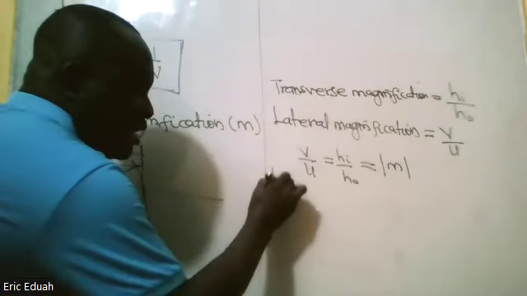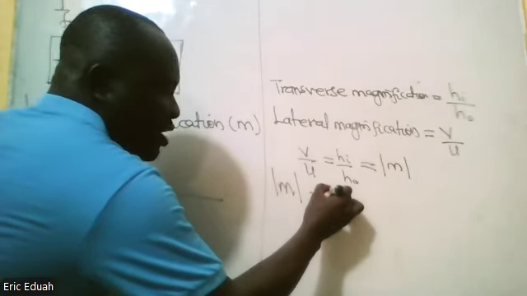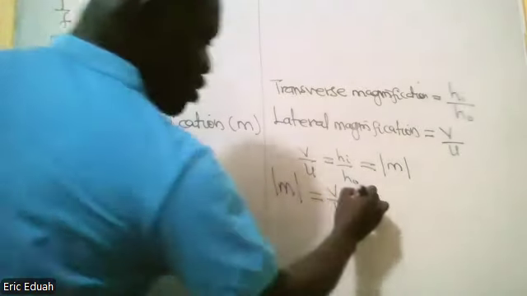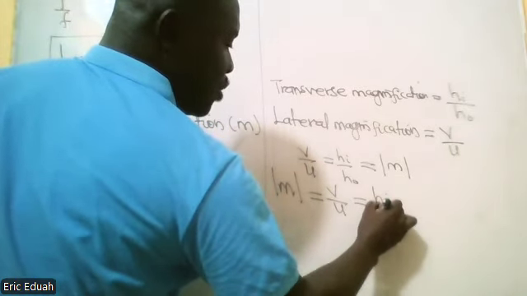So the magnitude of linear magnification is given by either image distance over object distance, which is also equal to image height over object height.